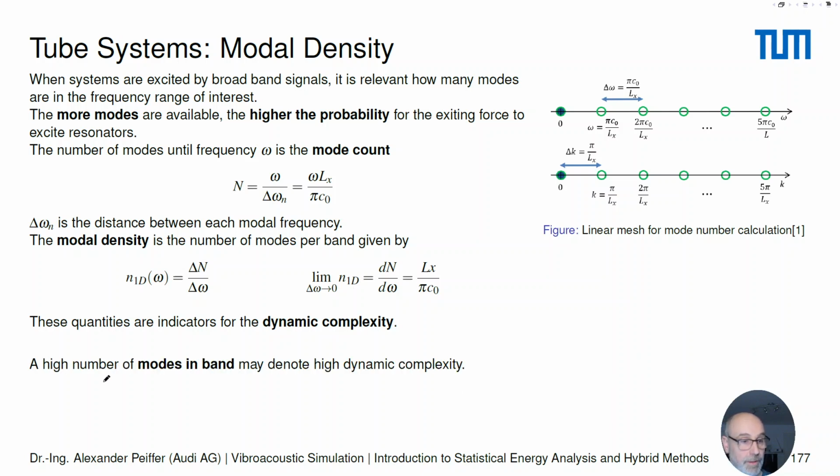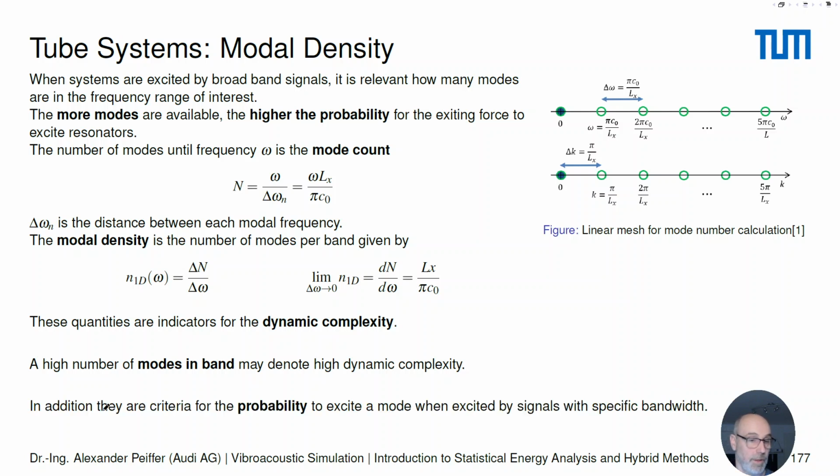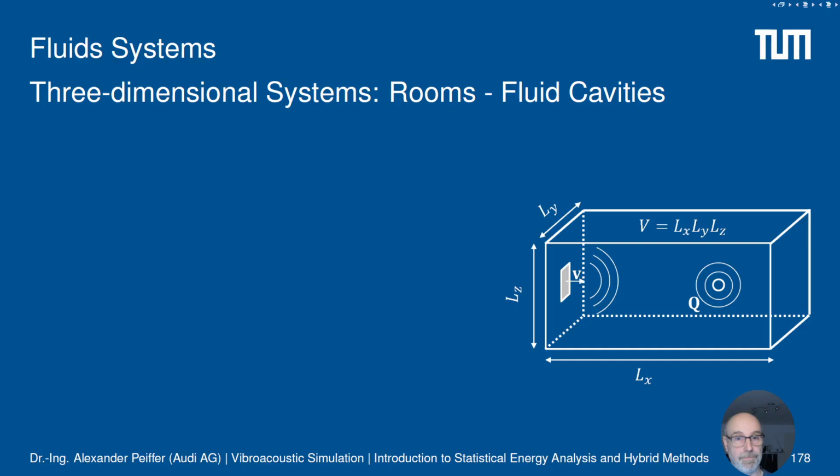Also, a high number of modes in one specific band says, okay, we have a very complex system, and we might have a system that can only be, or should be, described by the SEA approach. Good. And coming from the excitation field, the more modes we have in one band, the easier they can be excited in a specific bandwidth. So far for the one-dimensional fluid systems.